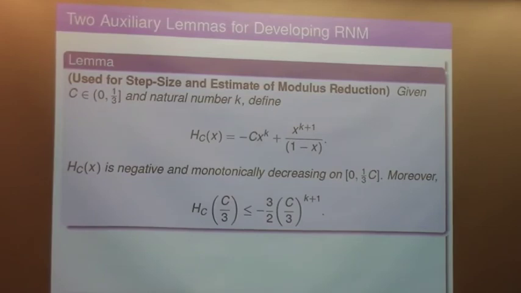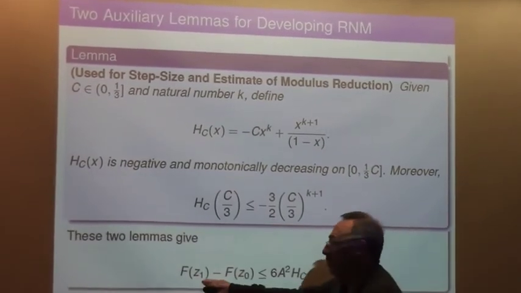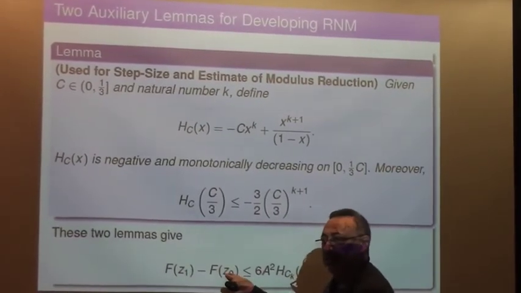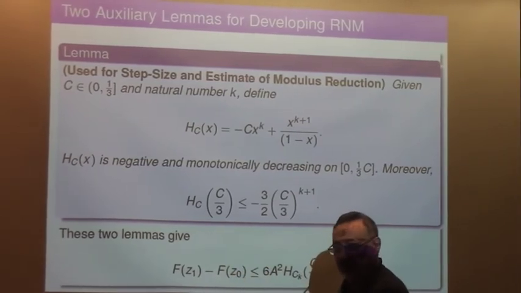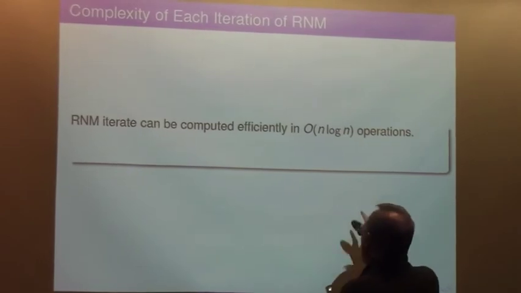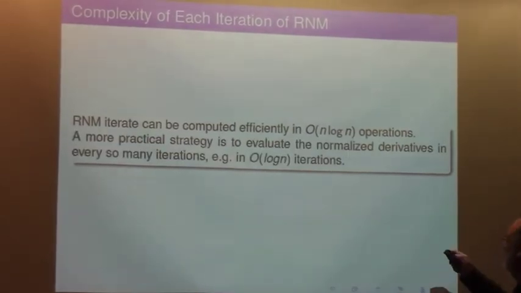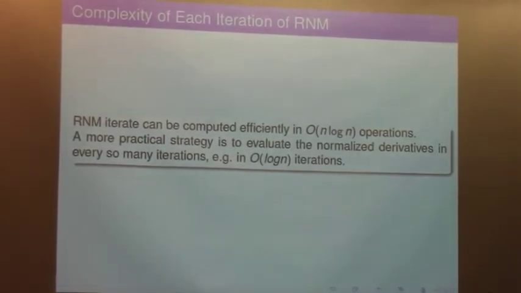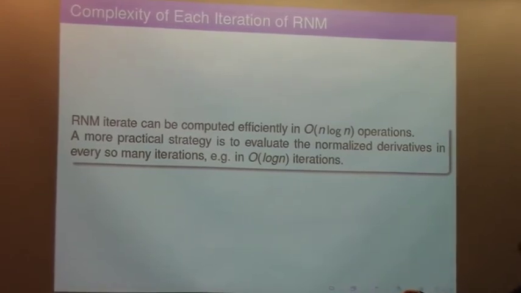And essentially, I want to get a capability to reduce the modulus. I use these two lemmas. So let's not worry about that. Complexity of each iteration, I already mentioned, is n log n. But maybe we can compute the normalized derivatives every so often, for instance, every O of log n iterations.